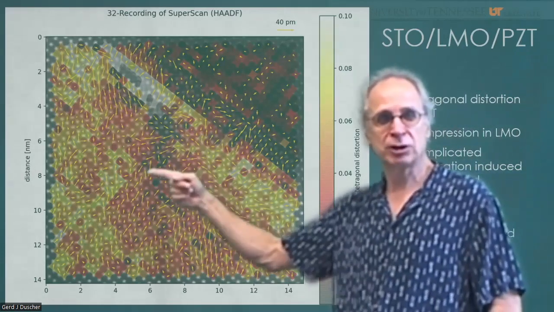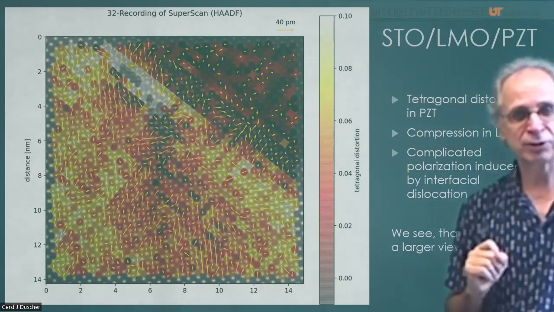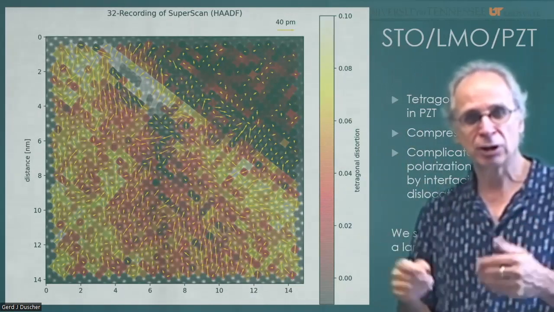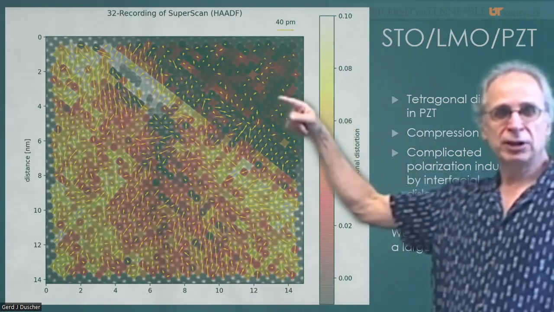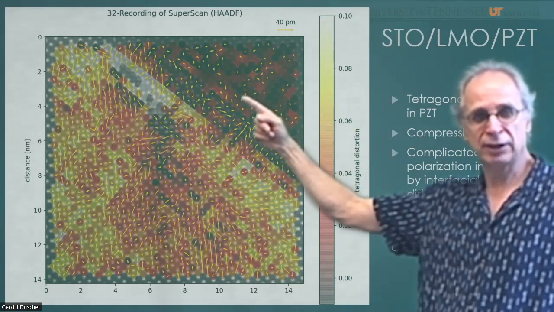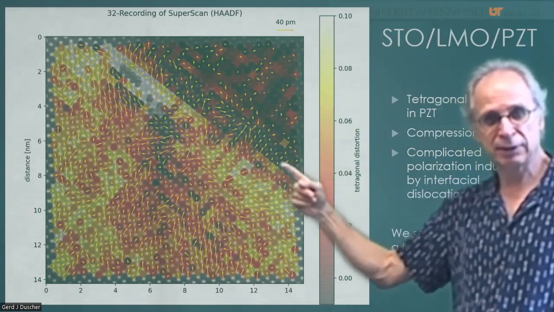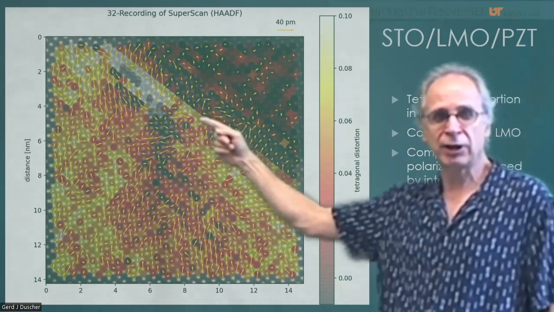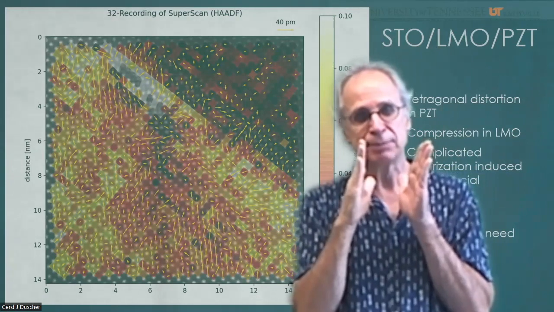We have large deviation from the center of the titanium oxide. So we have a large polarity here. This is relatively benign, so there's not much of a distortion in the STO. And actually, if we analyze this layer of the LMO very carefully, then we see that that is slightly compressed.